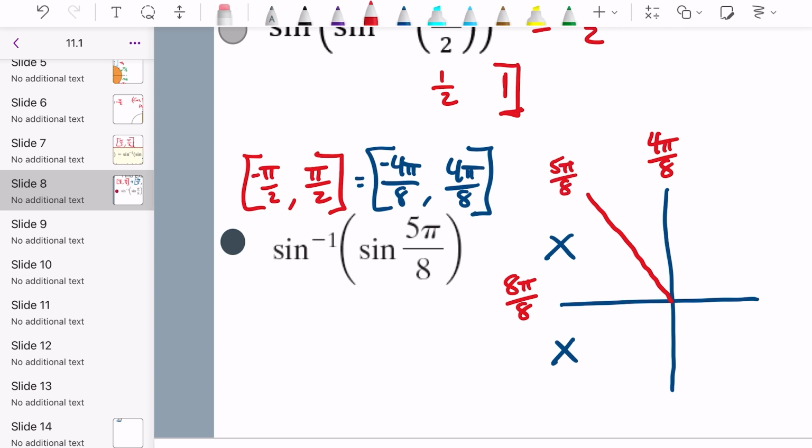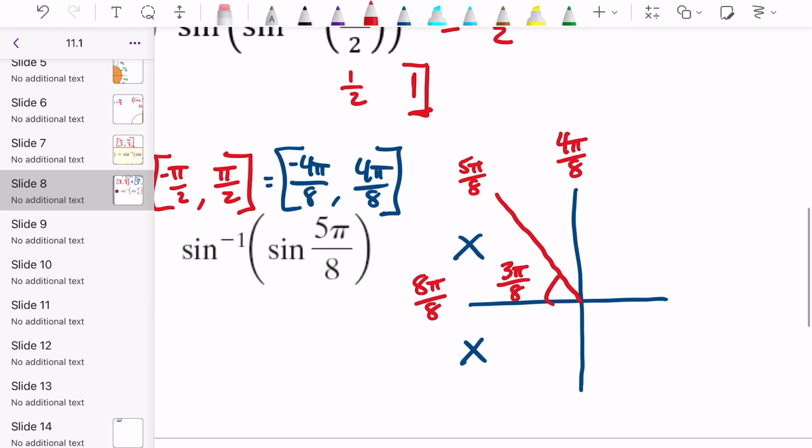Since we know that this would be our 5 pi over 8, we're going to find the reference angle, which in this case would be 3 pi over 8. Now, since we are falling outside of the range, we are going to have to find the reflection onto the side where sine would be.